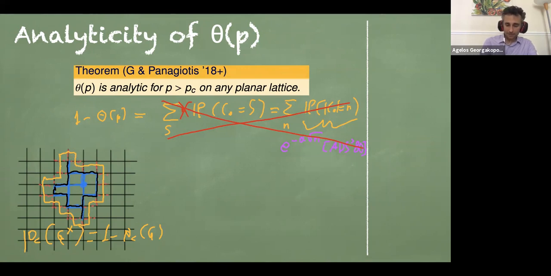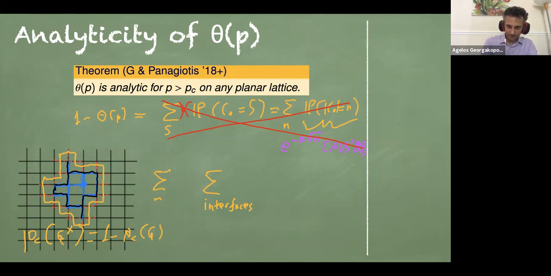Okay, so this gives us the idea. Instead of this sum over the whole cluster, let's write down a sum over all interfaces. So the interface here in this picture is the black thing.